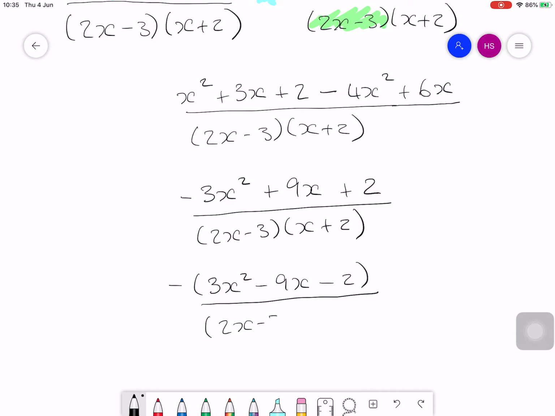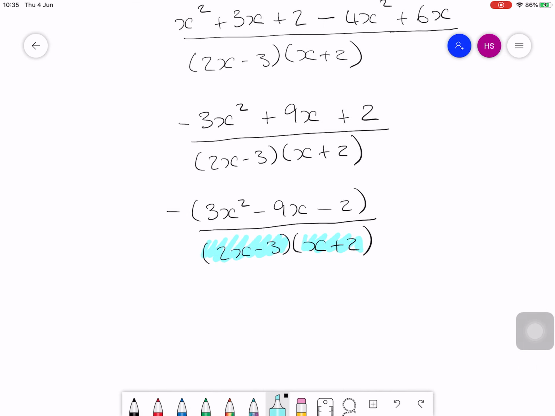Now, the reason I can see that is it's only going to simplify if that numerator has either 2x minus 3 or x plus 2 as a factor. Okay, and it clearly doesn't. Well, looking at it, I don't think it does. So if it does factorise, it would have to be 3x and x.